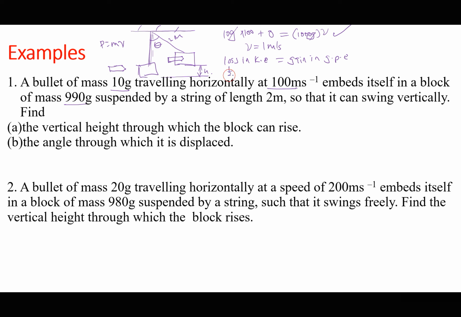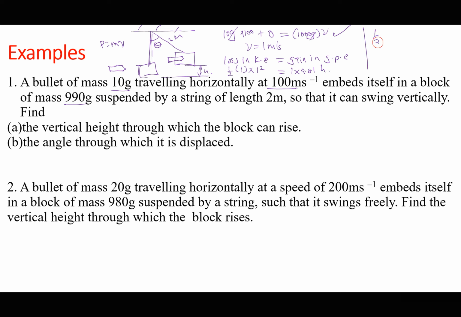So we shall have a half times the mass, which is 10 plus 990, that is 1 kilogram, times the speed, which is 1 squared, becoming the gain in gravitational potential energy, which is the mass, 1 kilogram, times g, which is 9.81, times the height h.